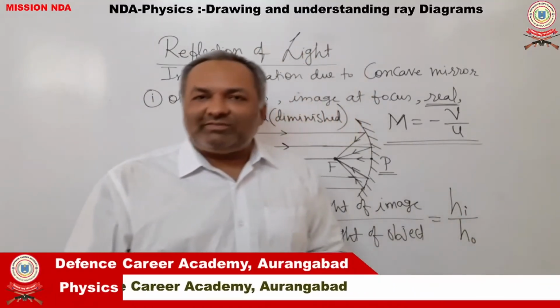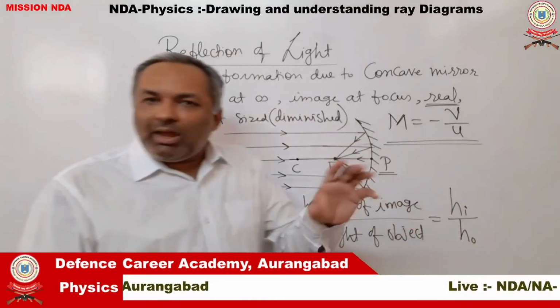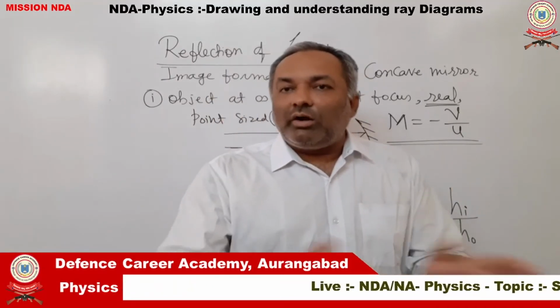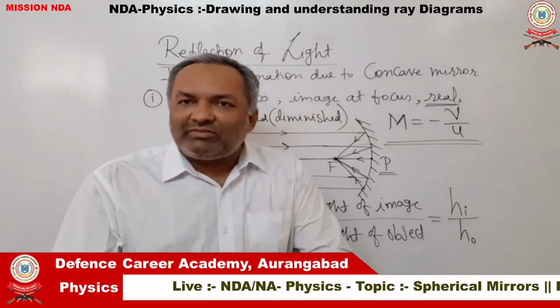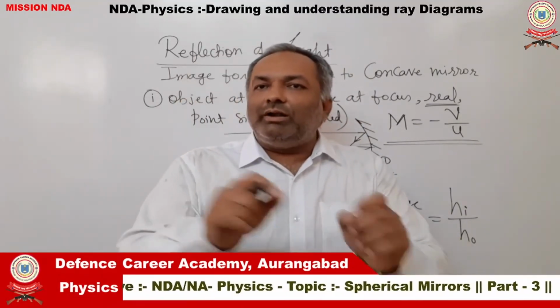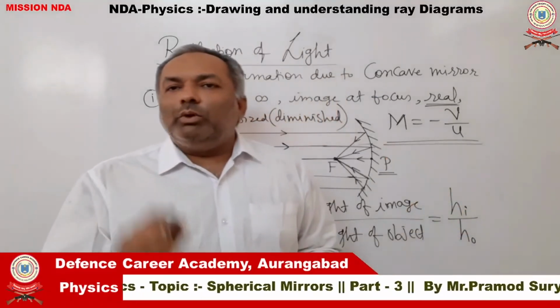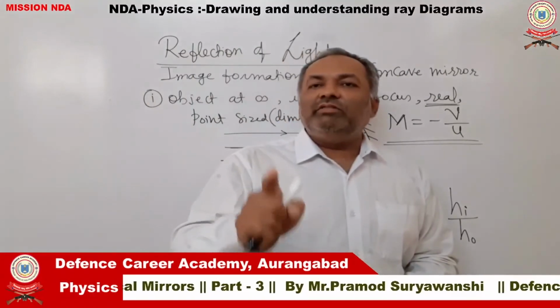Based on all this, you can draw a ray diagram and conclude whether the image is real or virtual, erect or inverted, and diminished or magnified. Whenever you get a real image, it will always be inverted with respect to the object.